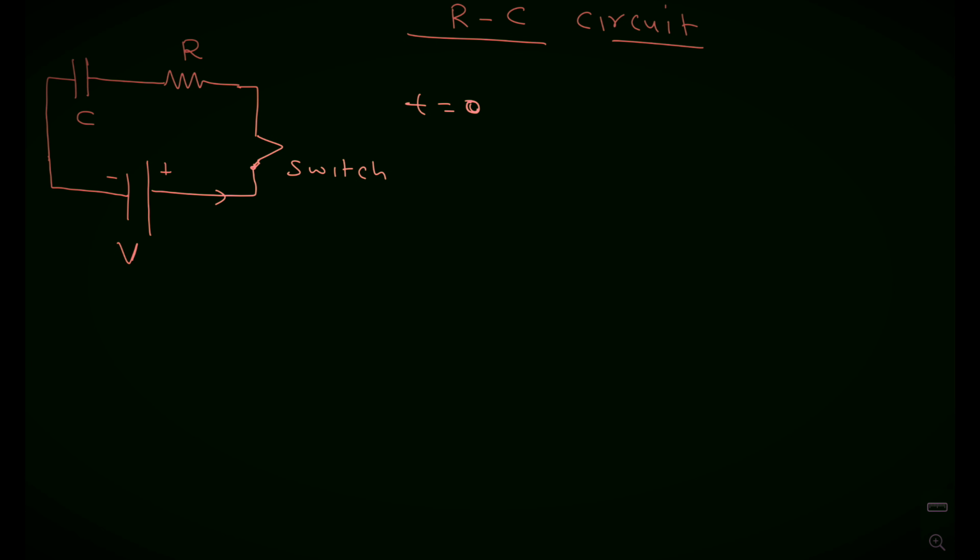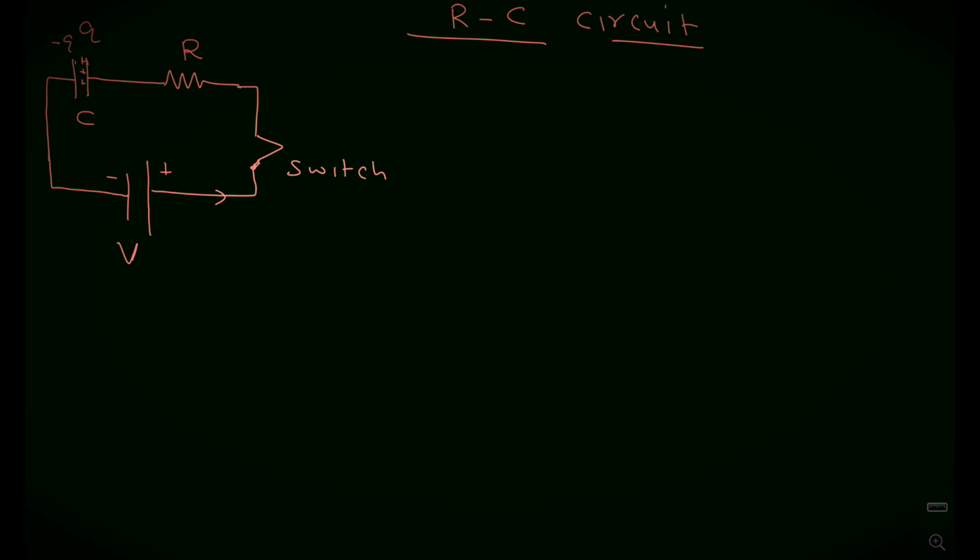At any particular time t, we assume at t equal to 0 I close this circuit. At any time t, suppose this capacitor has charge Q, this plate plus Q charge, and this is minus Q charge.